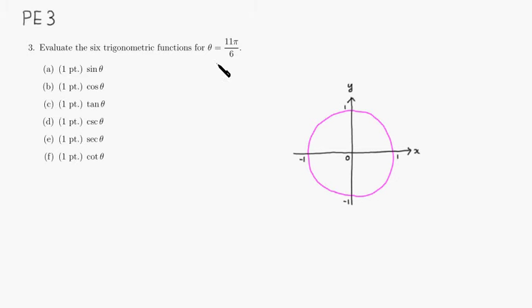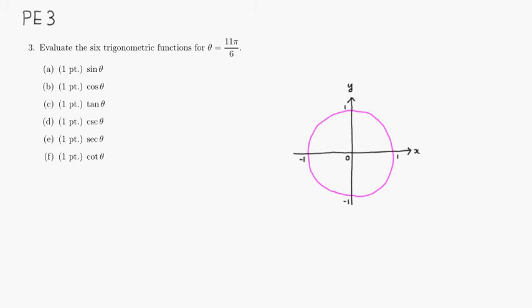Now 11 pi over 6. If you remember, pi over 6 is 30 degrees, and you have 11 of those. But the easiest way to do it: 12 pi over 6 is 2 pi, so you go all the way around, and it's 30 degrees before that.